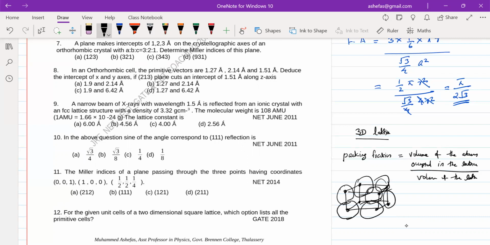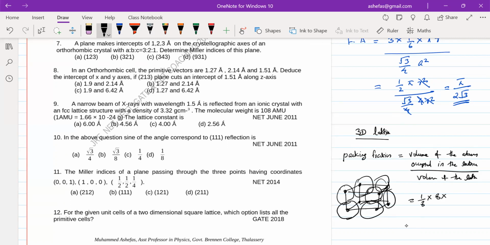Now, how much of the volume is inside for each atom? If you look carefully, only 1 by 8 of an atom would be inside the simple cubic, and we have 8 such atoms.